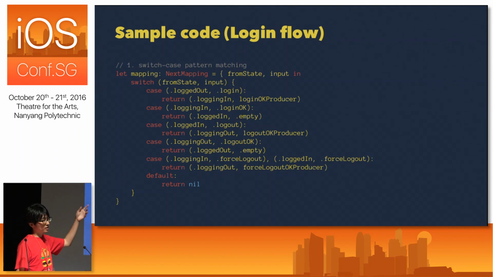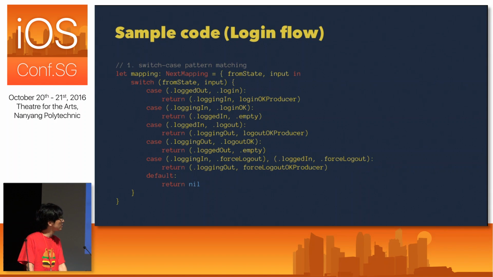These side effects basically do some I/O, like initializing the database, setting up the UI, and so on. If you're not interested in setting up the side effect, you just set empty instead. Or if the transition doesn't even exist, you can just set nil like this.